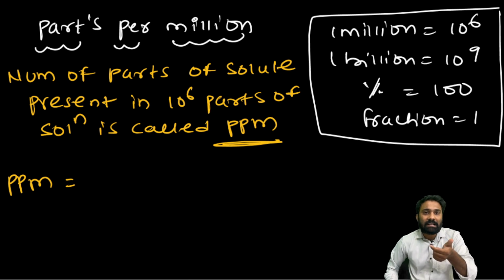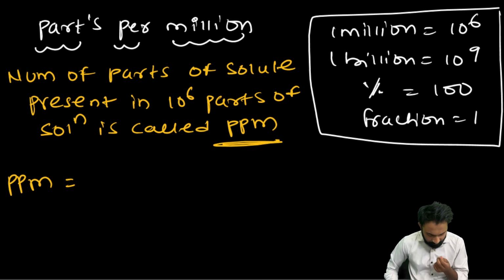If you increase the concentration of the fluorine to 1.5, it will spoil our teeth, and our bones also will be spoiled. 1 ppm of the fluorine is good for our body. If you increase it by 0.5, it is bad for our health.